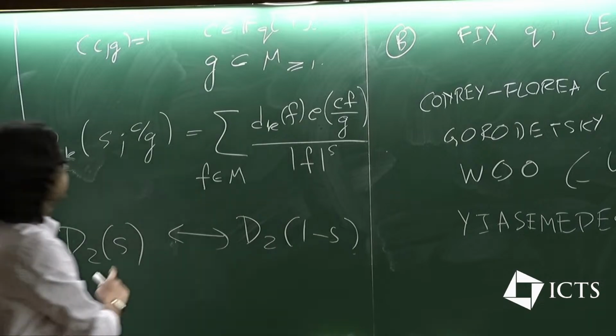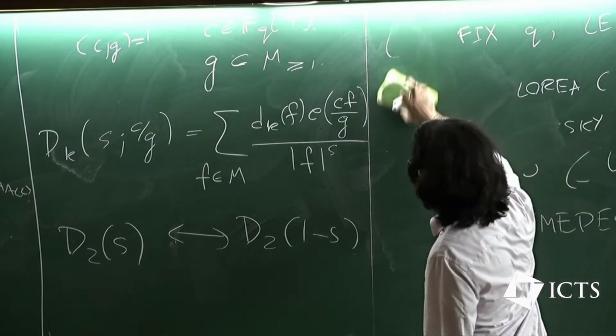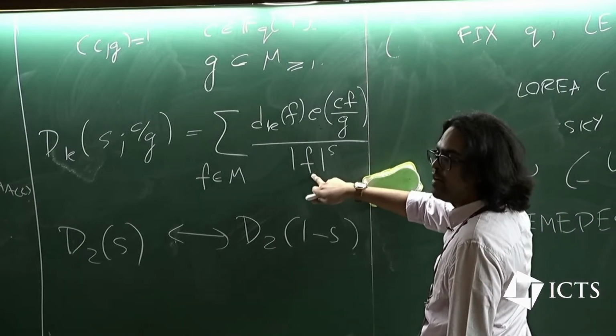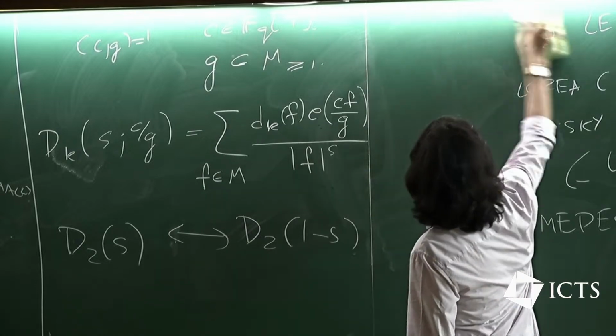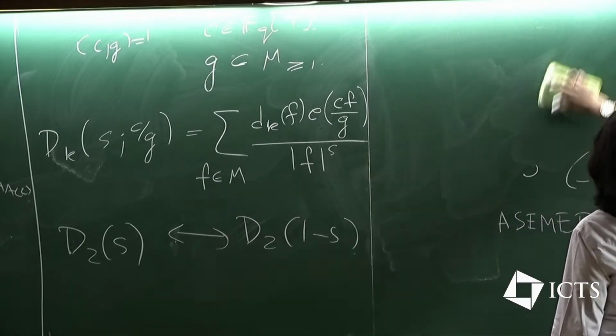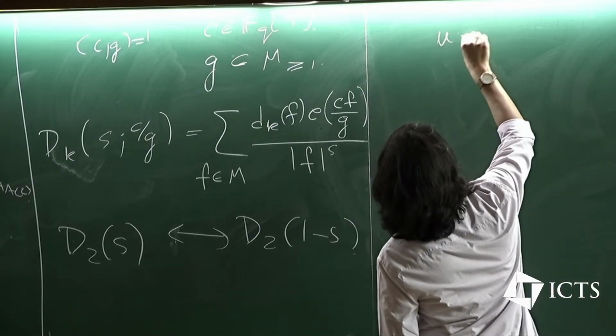But before I do that, I need to make a change of variables here, because in the function field setting, you have this fact that the size of f is always a power of q, right? So you can use that to write this in a different way.